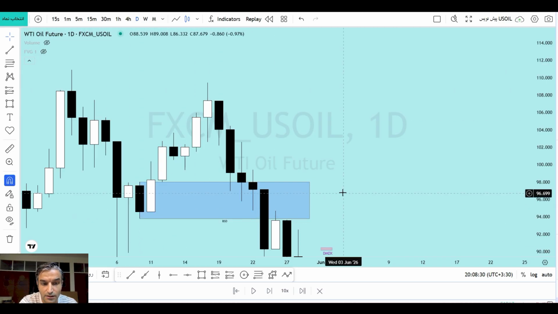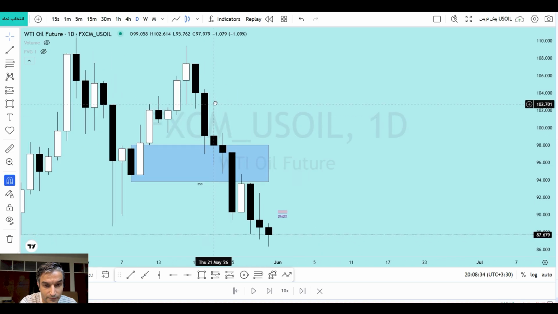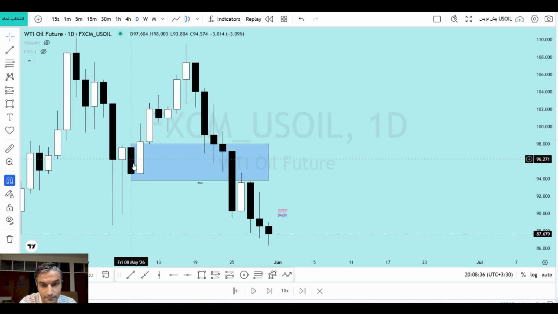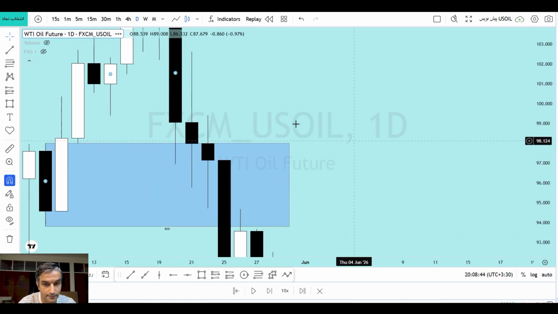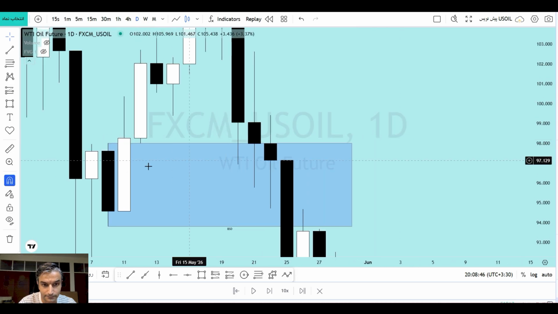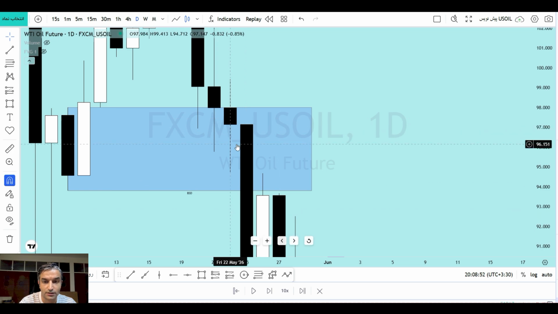Okay, you should just practice and do it. As you see, we have an order block that another candle engulfs. Here, let me zoom in. But price had a reaction and broke it.